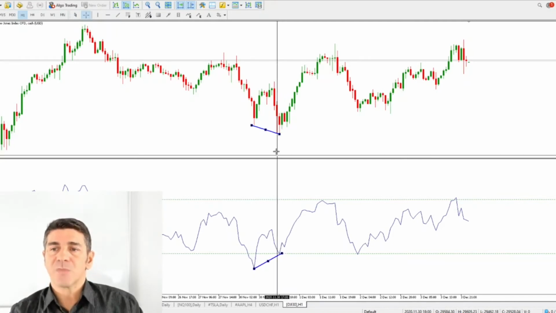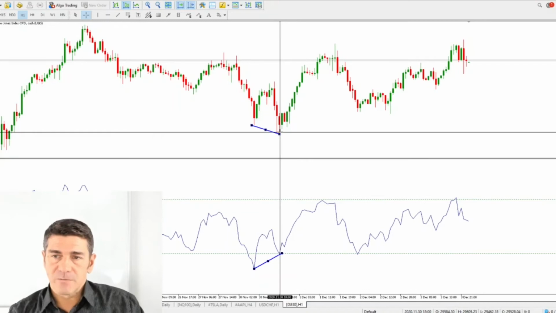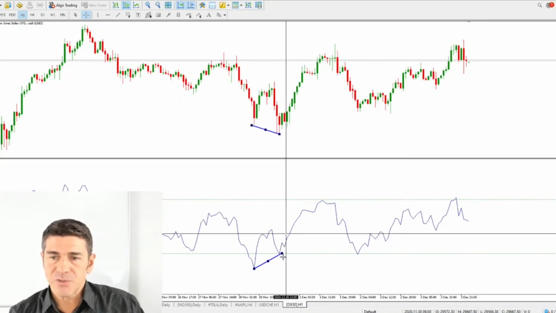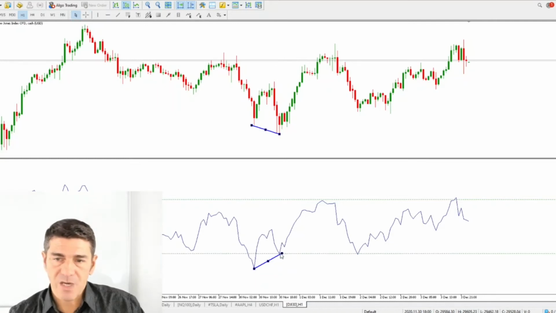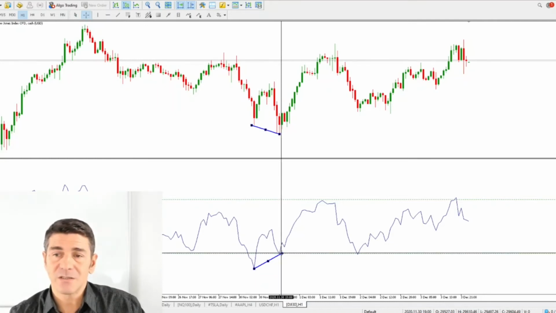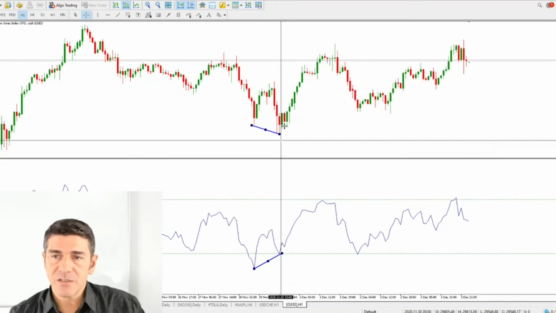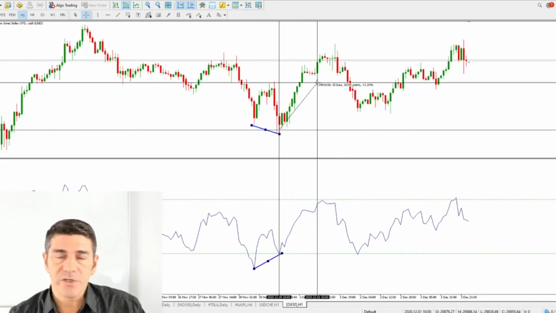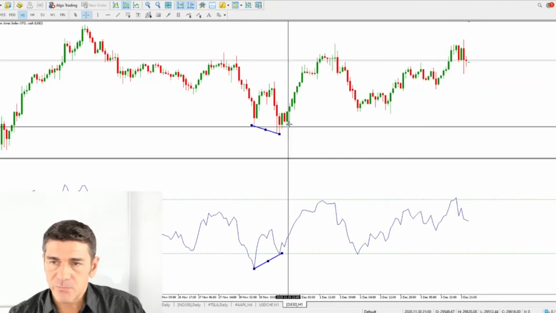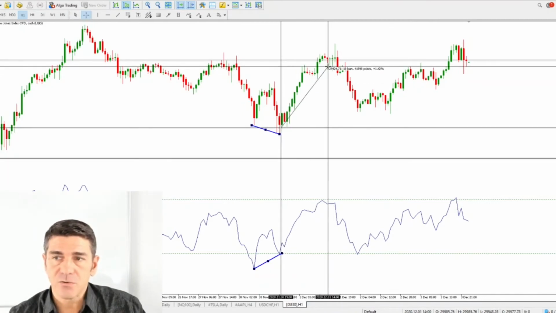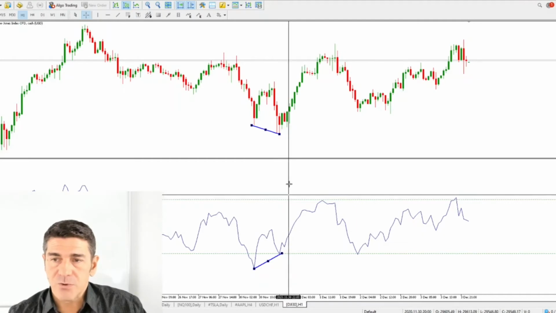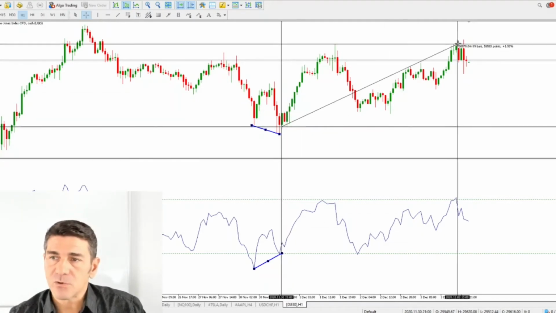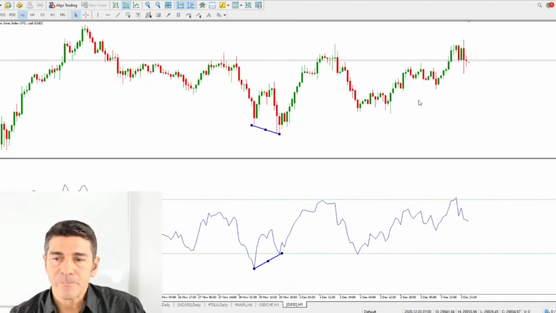You see the second bottom on the price chart is lower than the previous one, but on the RSI we are seeing a typical divergence. This is a very good signal to buy, and as we see, it is a very correct one, right? If we buy here, we are in a very good position. Actually, we've caught the best possible entry level for the next uptrend.